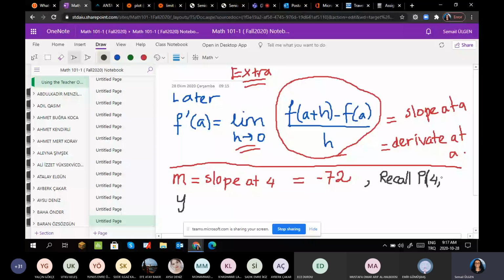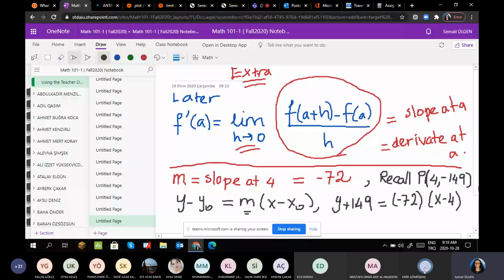So you remember this formula, right? y minus y0 is equal to m times x minus x0. This is the slope. These are the points P. So we just write it: y plus 149, because minus negative 149 makes it plus, equals negative 72 times x minus 4.